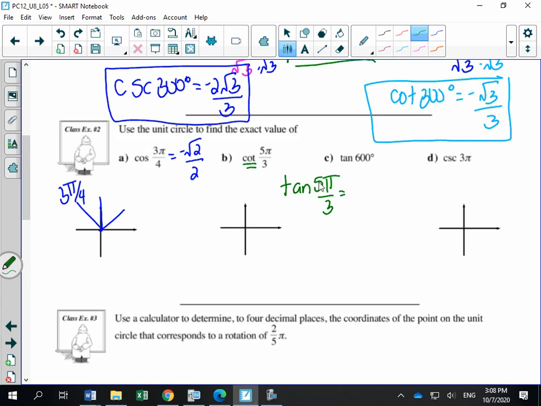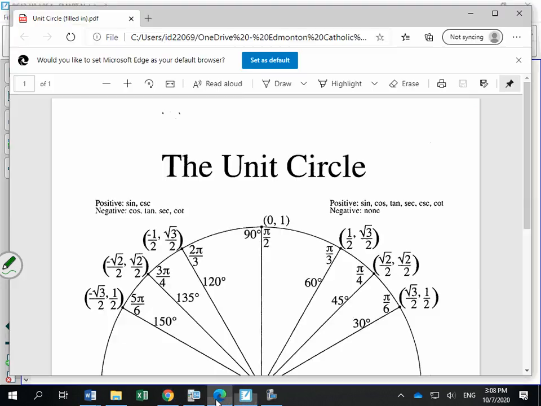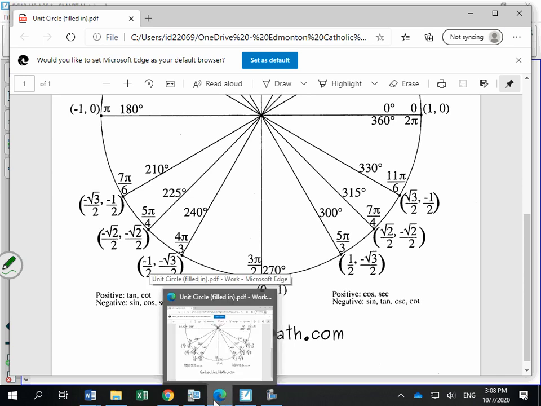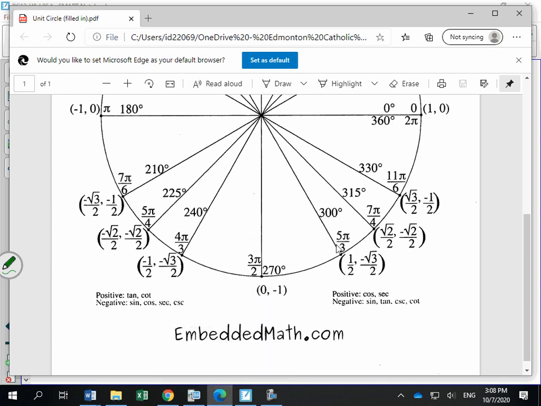5 pi over 3, that's equivalent to 10 pi over 6. So on our unit circle, let's find where 10 pi over 6 is. 10 pi over 6, which is 5 pi over 3, is right here. And then the tan of this would be y divided by x.